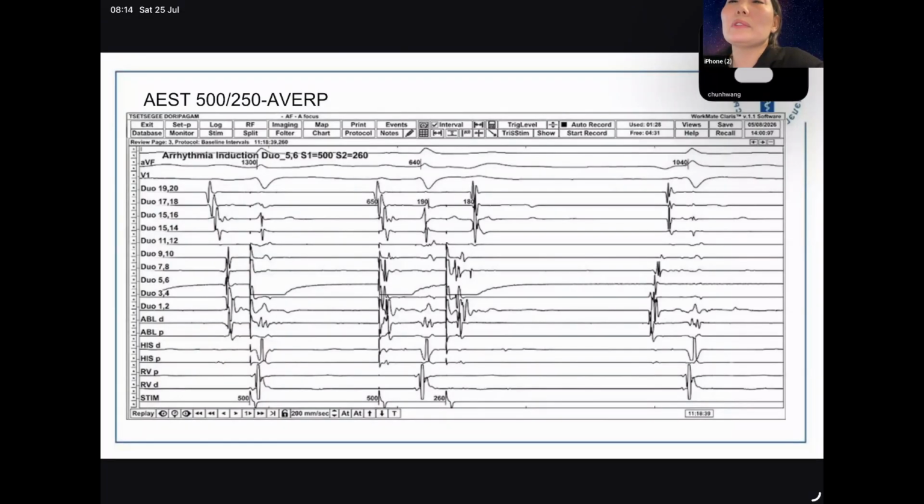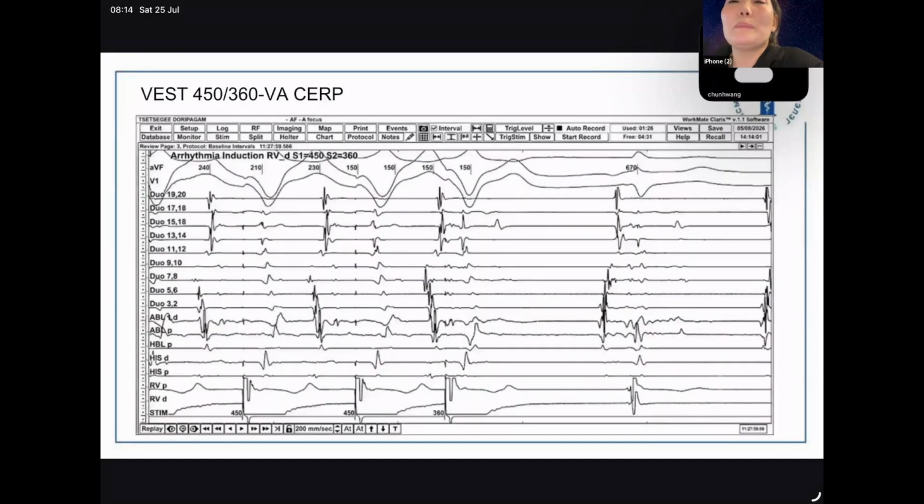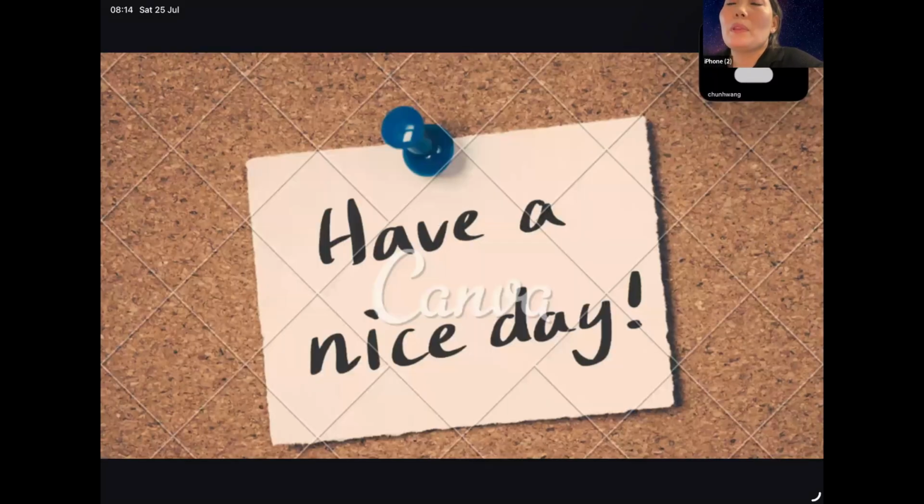We didn't observe the AH jump during the EST. Also, we did the VSD after the ablation, the VSD 450 and 360 VA conduction effective refractory period occurred.